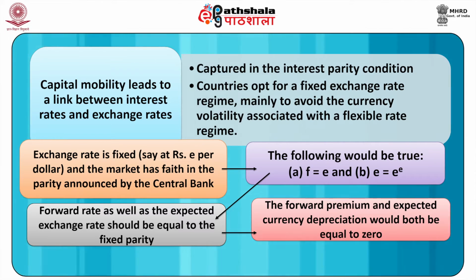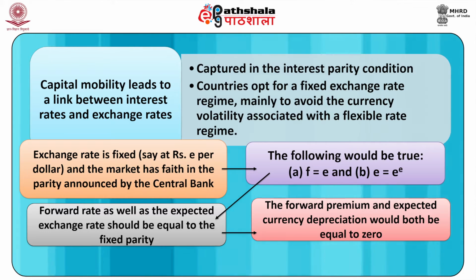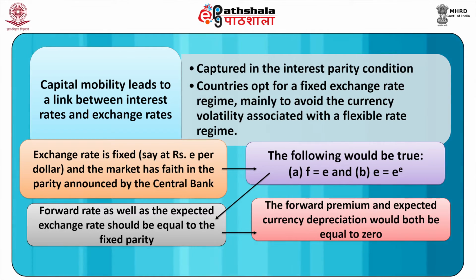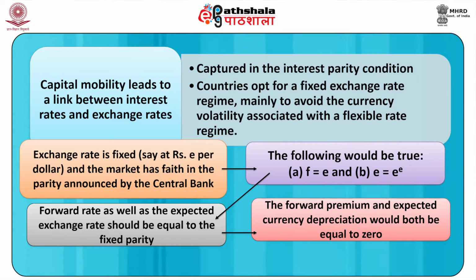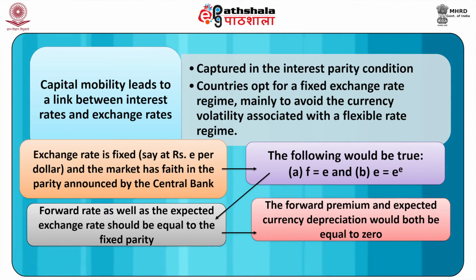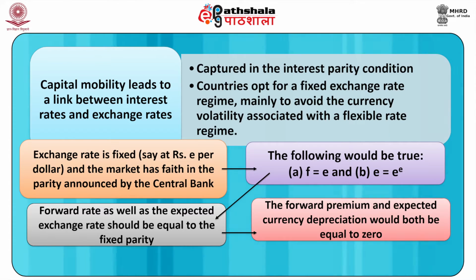Once the exchange rate is fixed, say at rupees E per dollar, and the market has faith in the parity announced by the central bank, that is, agents believe the parity would hold in the future, the following would be true. First, F is equal to E, and secondly, E^e is equal to E, that is, the forward rate as well as the expected exchange rate should be equal to the fixed parity. So the forward premium and expected currency depreciation would both be equal to 0.